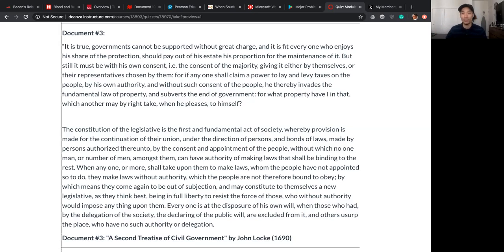Some people argue that the American Revolution is really an extension of the Glorious Revolution that occurred back in 1689. Now, I know it's not within our time frame, so I'm not going to quiz you on the Glorious Revolution here, but John Locke was an influential writer of his time and also of the Enlightenment movement.